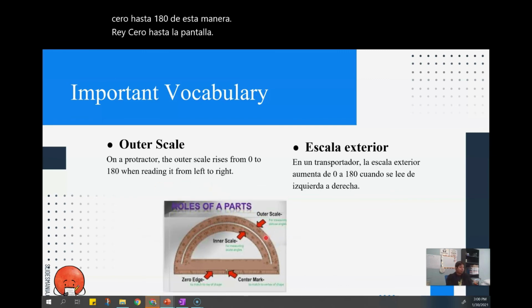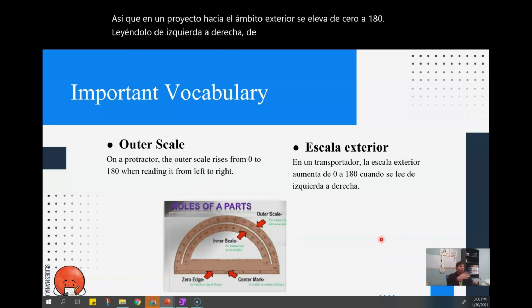Then we have the outer scale. So on a protractor, the outer scale rises from 0 to 180, reading it from left to right. Okay, left to right. So depending on where the angle is, you will use either the top one or the bottom one.